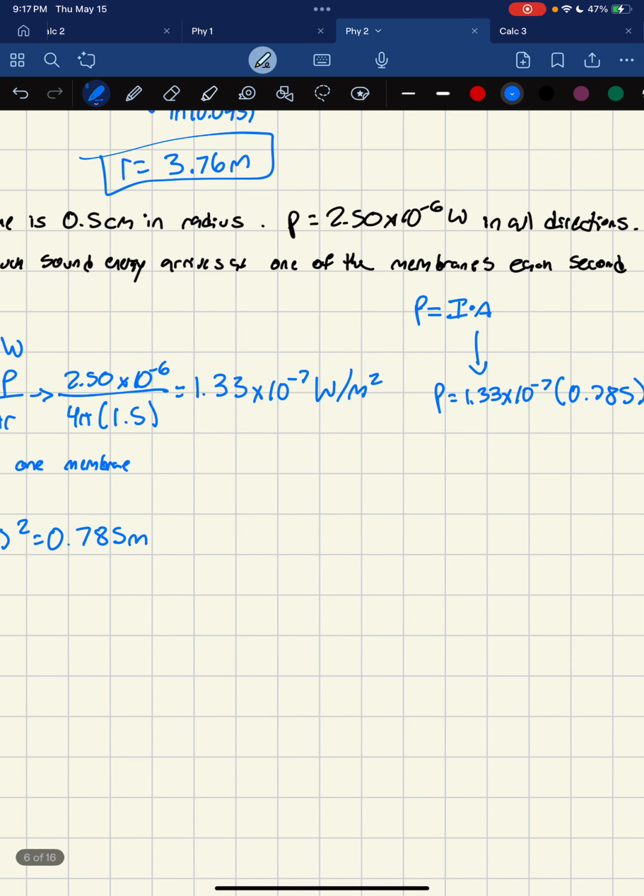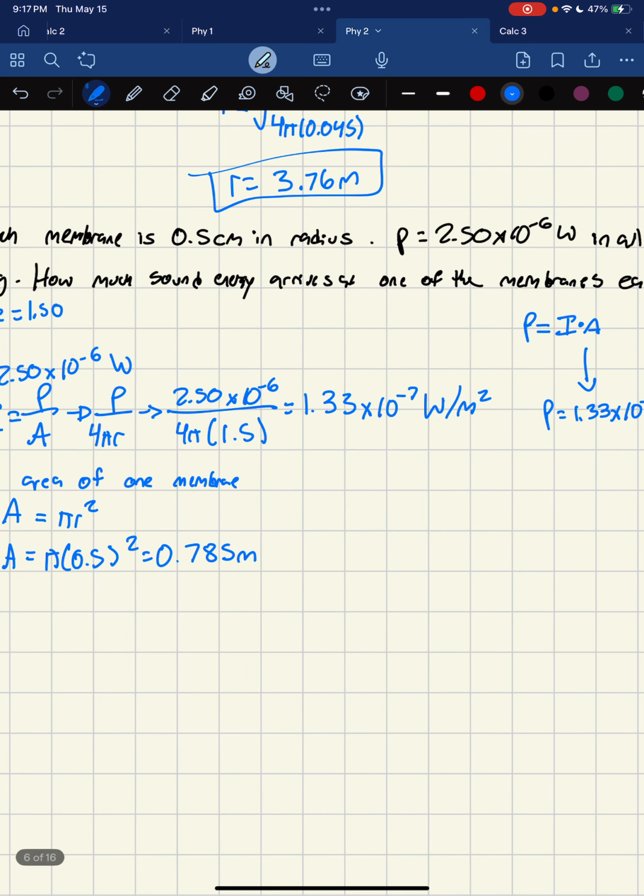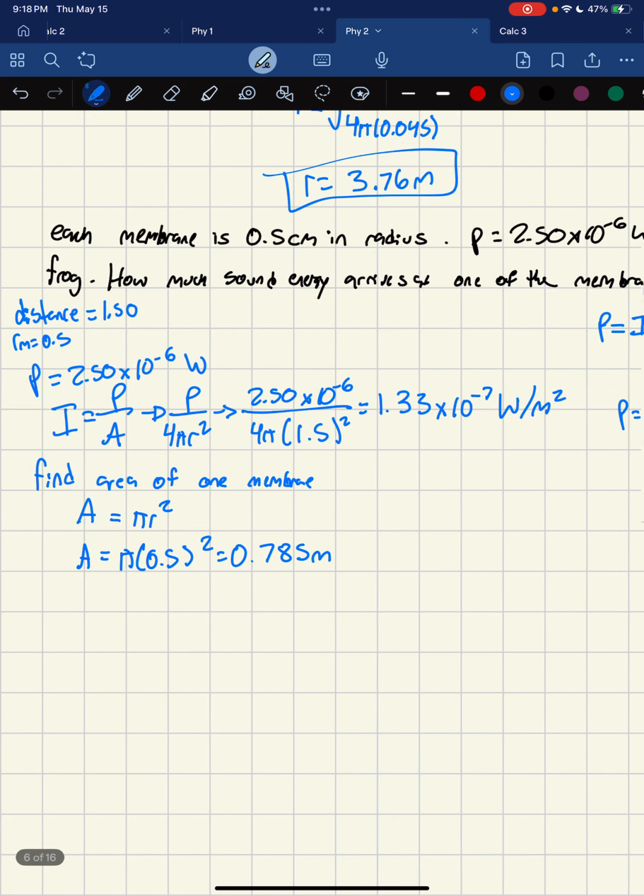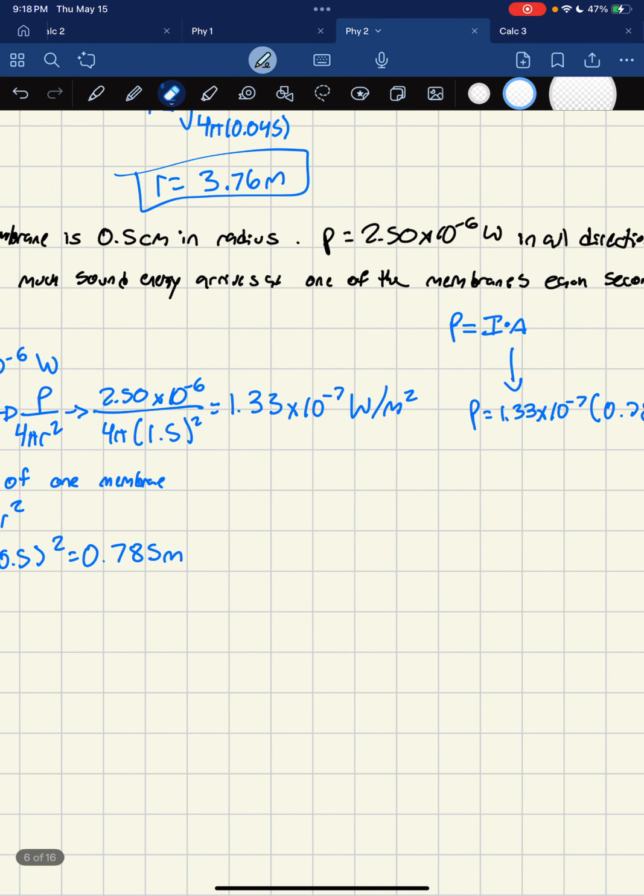Wait. This is squared. R squared is squared. This is why. Yeah, it looked too small. I mean, it was too big.